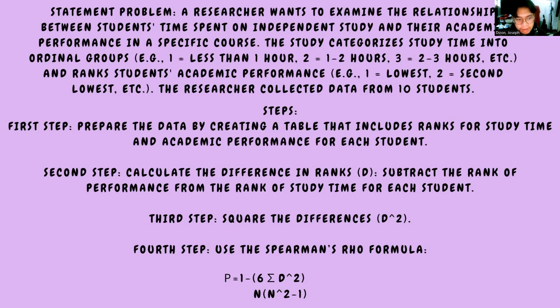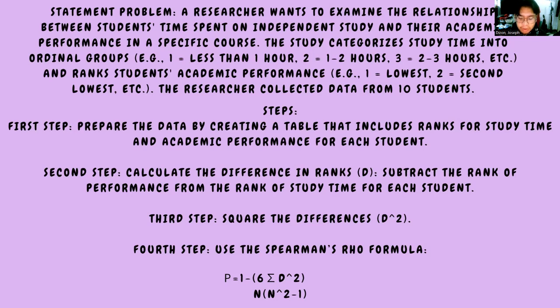As for the steps, the first step is to prepare the data by creating a table that includes ranks, or we can call them scores, for study time and academic performance for each student. Second step, calculate the difference in scores by subtracting the rank or score of performance from the score of study time for each student.